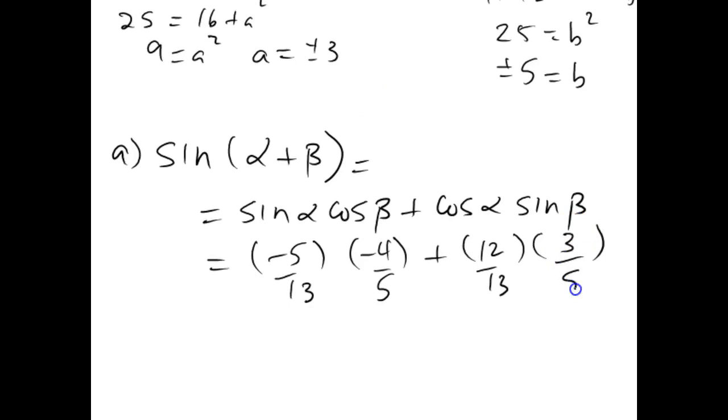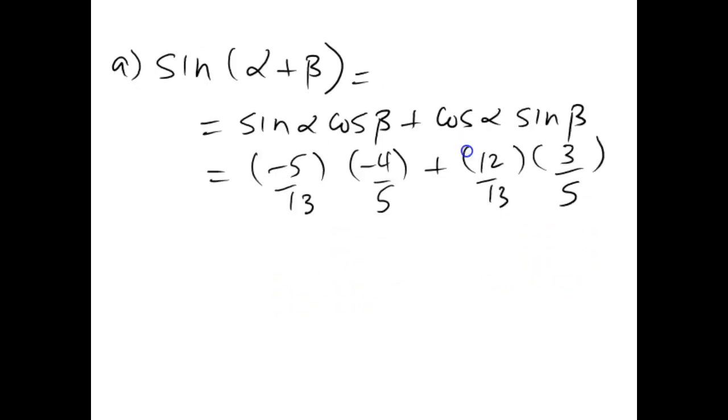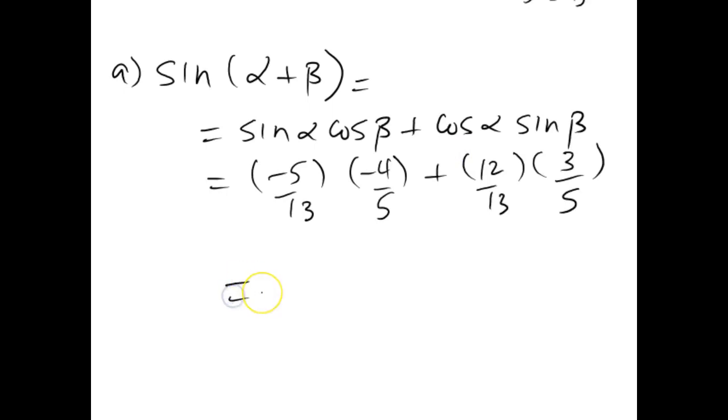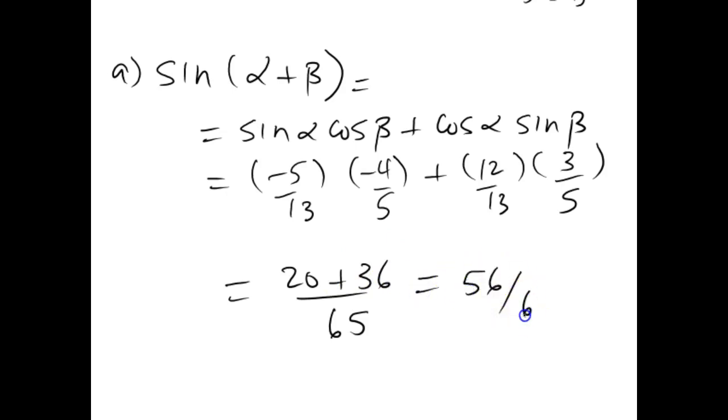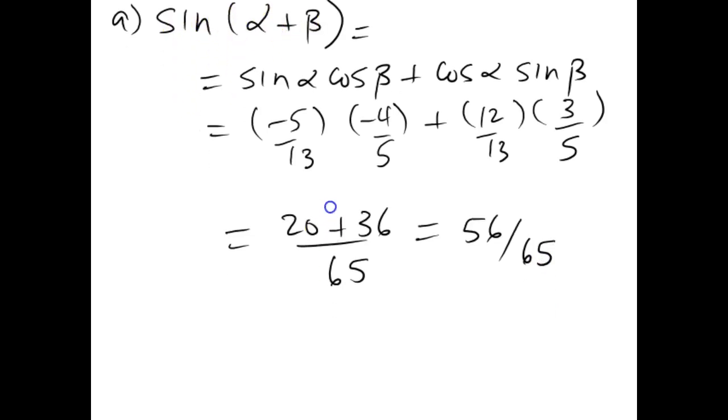Again, look at the denominators. 5 times 13, 13 times 5, they're the same. So we can write down now, 5 times 13 is 65. The numerators would be 20 plus 36, which would be 56 over 65. And that's my exact answer for sine alpha plus beta.